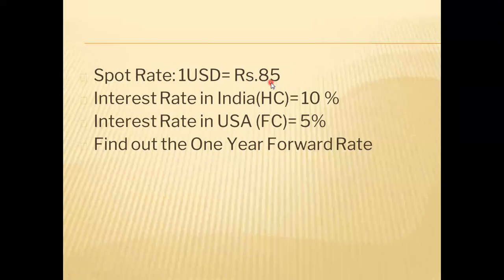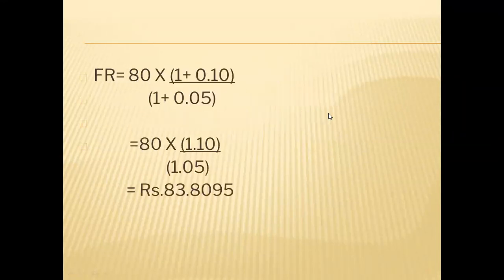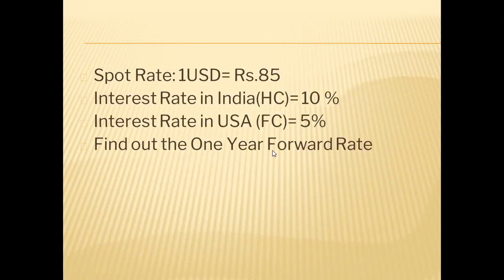Spot rate is given. Interest rate of India, home currency, is given. Interest rate of USA, foreign currency, is also given. So we just have to apply the formula and we can find out what will be the forward rate of the US dollar after 1 year.